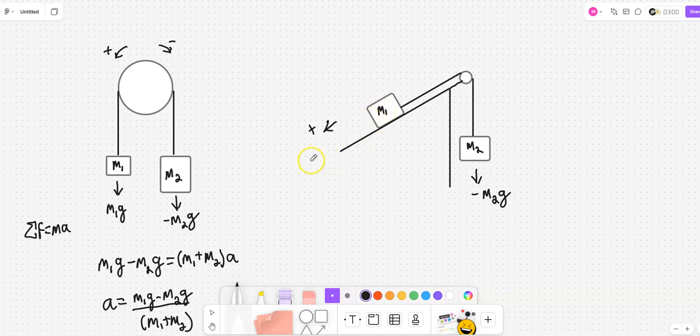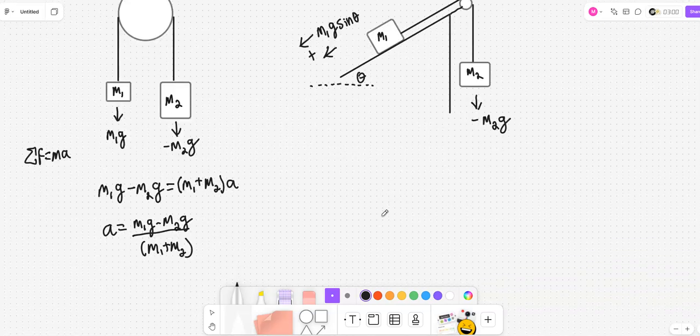We do need an angle for this incline, so it would have some angle theta, and hopefully you remember from before that the mass times the acceleration due to gravity times the sine of the angle will give us the component of force that is pulling down the incline.